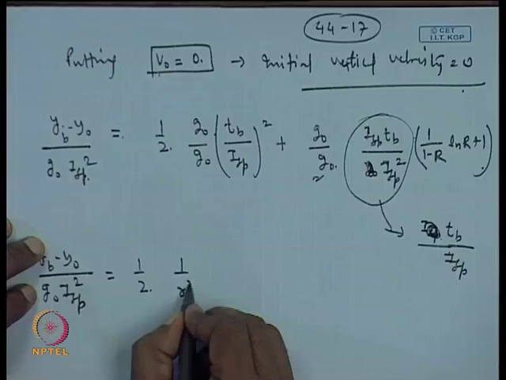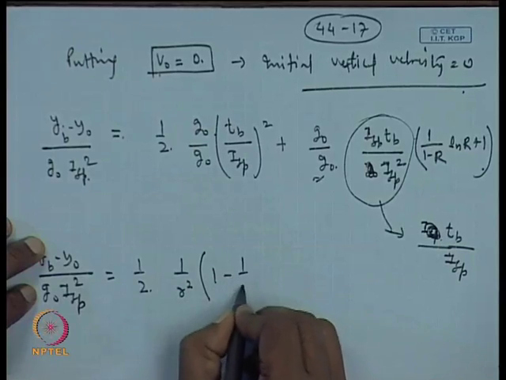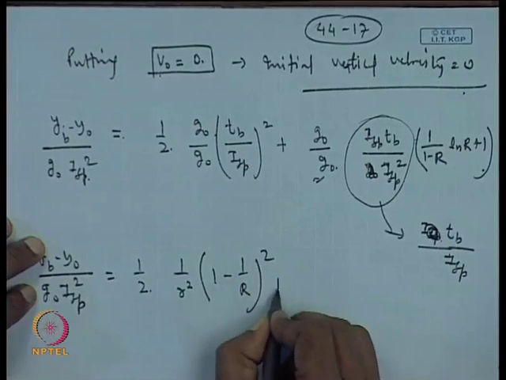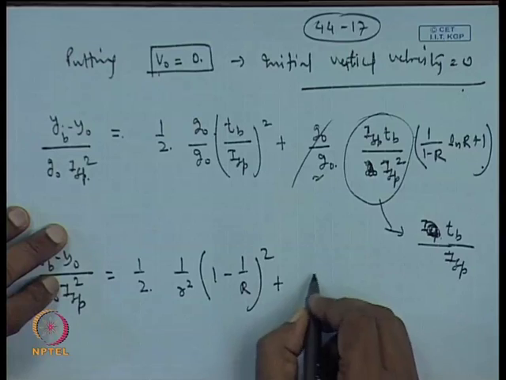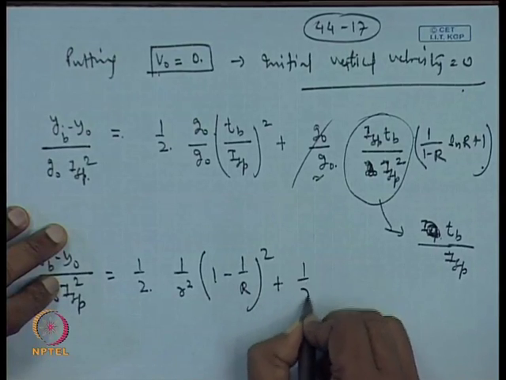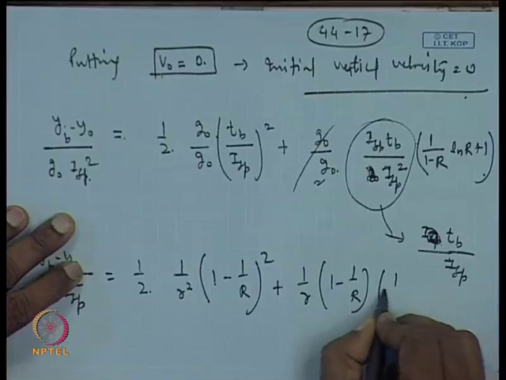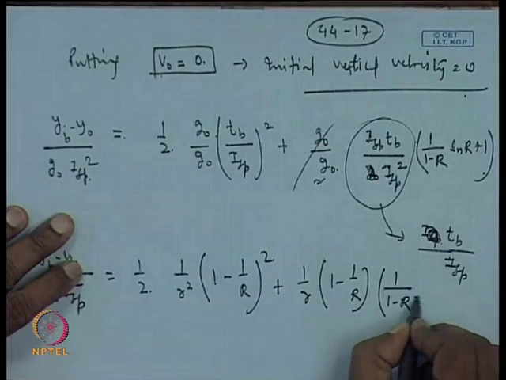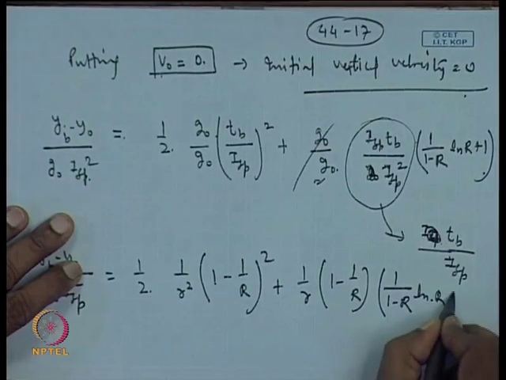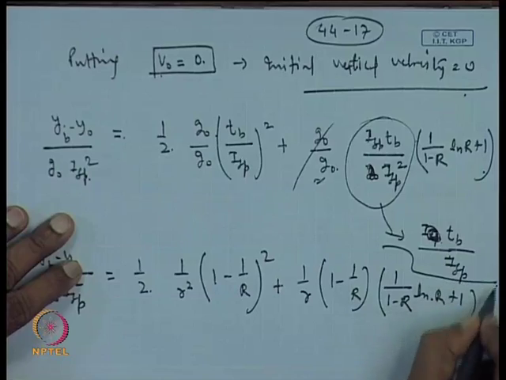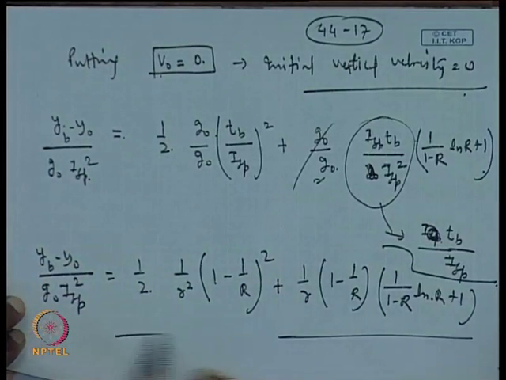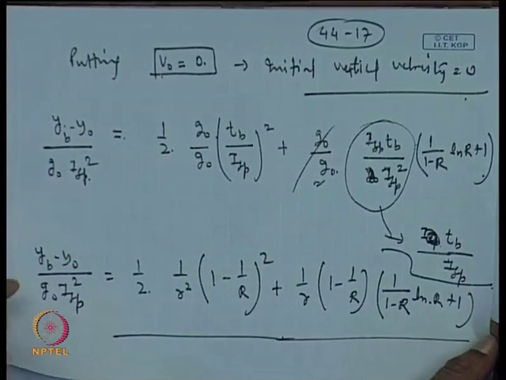So, this is 1 by r square times this cancels out, and here we have again 1 by r times 1 minus 1 by r times 1 by 1 minus r ln r plus 1. So, this is the expression we have got now.